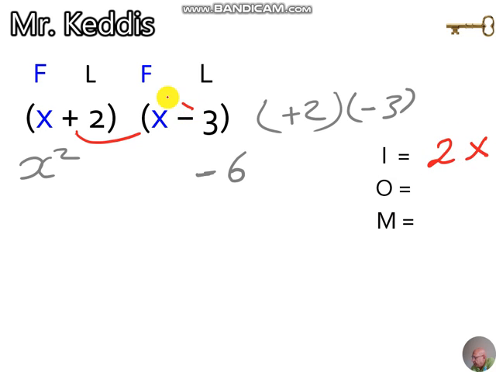And the outer term, which is negative 3 times positive x, I get negative 3x. This is positive, this is negative. I take the sign of the higher number because 3 is higher than 2. I take the sign in front of the 3. These are different signs. I subtract. 3 minus 2 is 1x, or x. This means negative x. So the middle term is negative x.